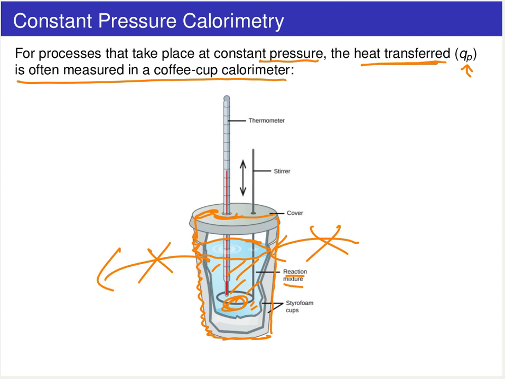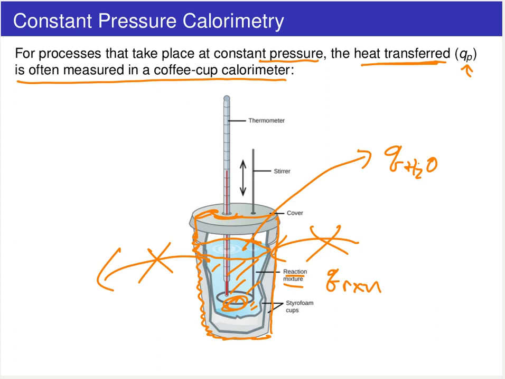The typical setup for a coffee cup calorimeter is to carry out some sort of reaction here, and we want to figure out what is the Q associated with that reaction. We're going to measure that Q by essentially measuring what the Q is for the water inside of this calorimeter, right?